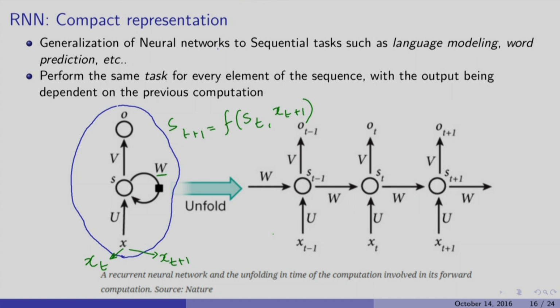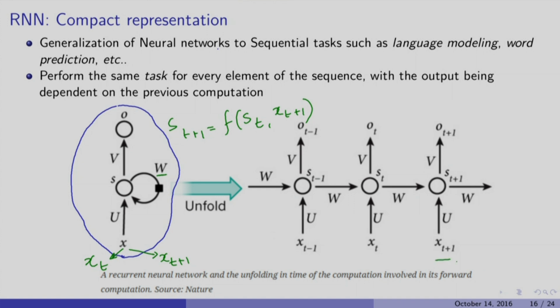Xt minus 1, xt and xt plus 1 are the inputs at different time instances. The dependence of the states on each other is based on limited memory. So st only depends on st minus 1, st plus 1 only depends on st. St plus 1 does directly depend on the input at time t plus 1, that is xt plus 1.